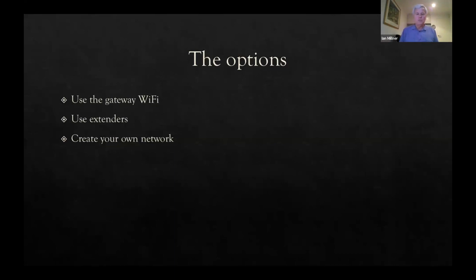So it's up to you which way you extend a network. The final one is you can create your own separate network, which means you have the gateway, and then you build a whole network behind the gateway, and the gateway is just a standalone device so that you can control the security, and we'll talk about that a bit more.